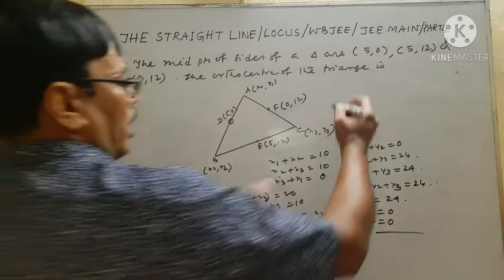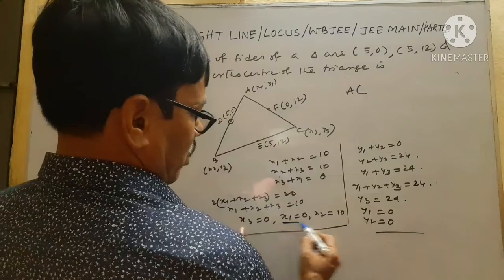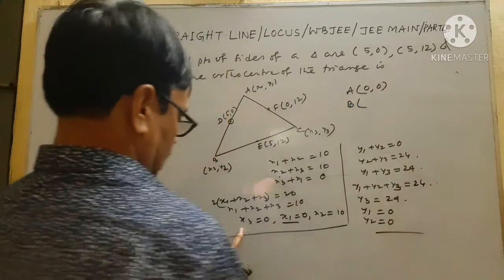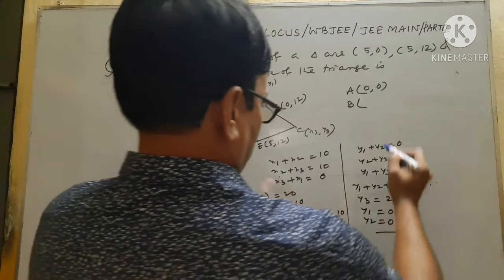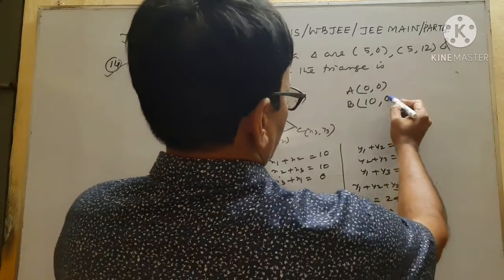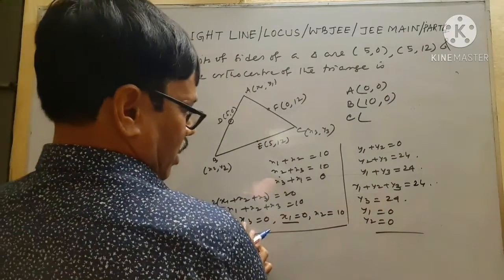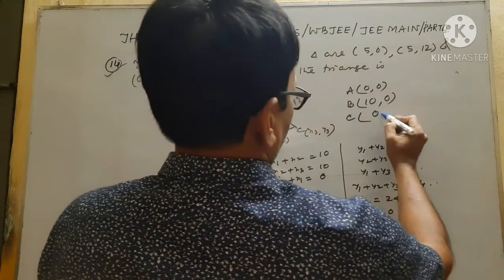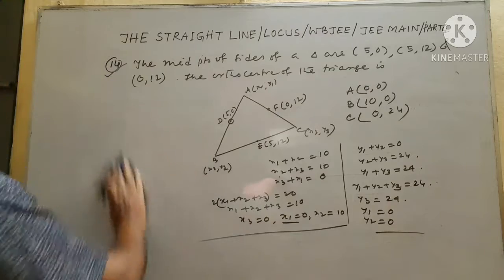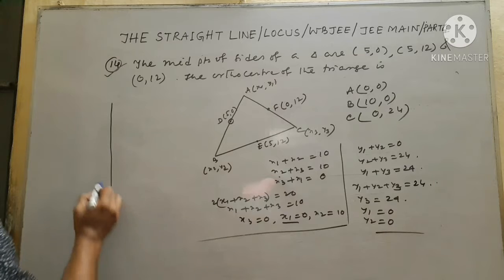So what is A? A is (x1, y1), which is (0, 0). And B is (10, y2), which is (10, 0). C is (x3, y3), which is (0, 24). So look, you have to find the orthocenter.